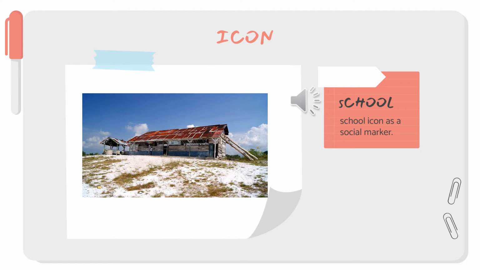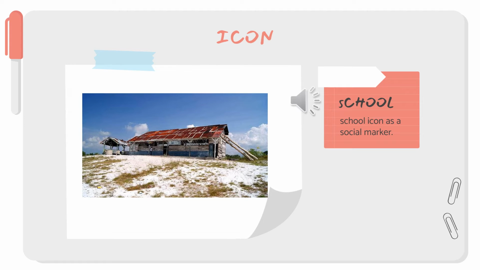Icon. The first icon is the school. The school icon is a social marker. This film describes the condition of Muhammadiyah school and PN school. Muhammadiyah school is a school that is completely lacking in terms of facilities and teachers.